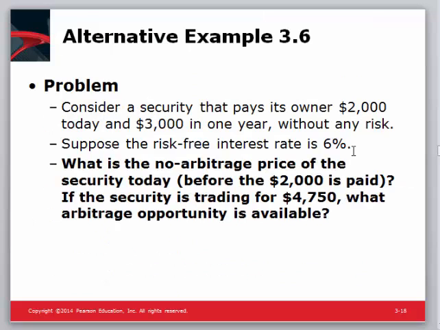So let's consider this. We have a security that pays its owner $2,000 today and $3,000 in 1 year without any risk. Again, suppose that the risk-free rate is 6%. What is the no-arbitrage price of the security today? If that security is trading for, let's say, $4,750, what arbitrage opportunity is available? Let's think about that.